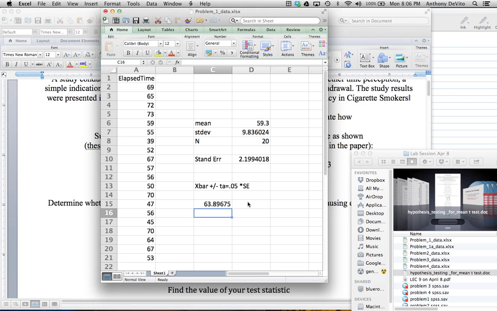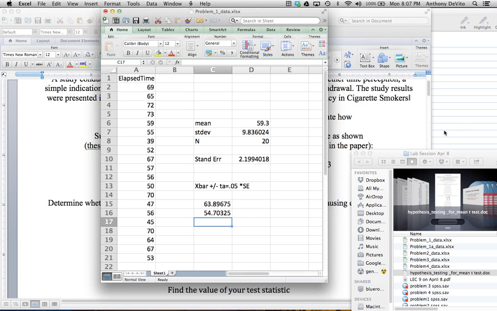The high end is going to be equal to 63.89. The low end is going to be equal to x bar, our mean, minus 2.09, our t-score, times our standard error, in parentheses so it works right. And that's going to be equal to 54.70.